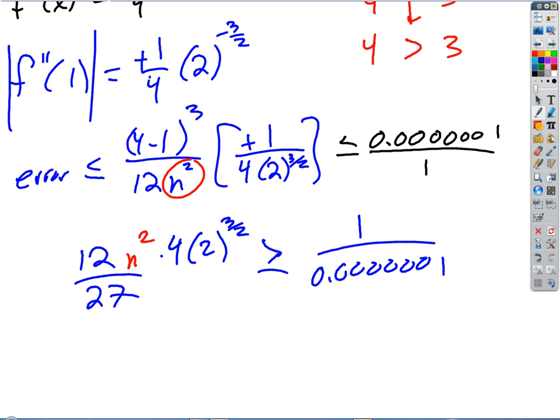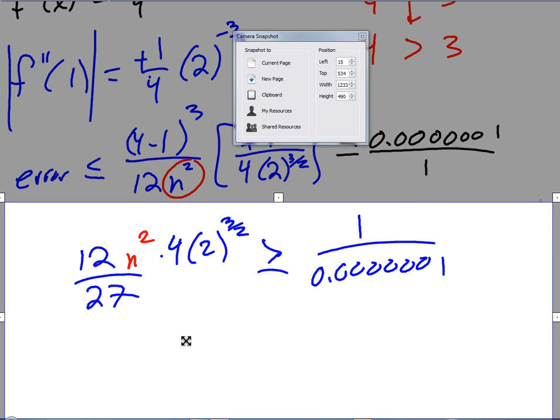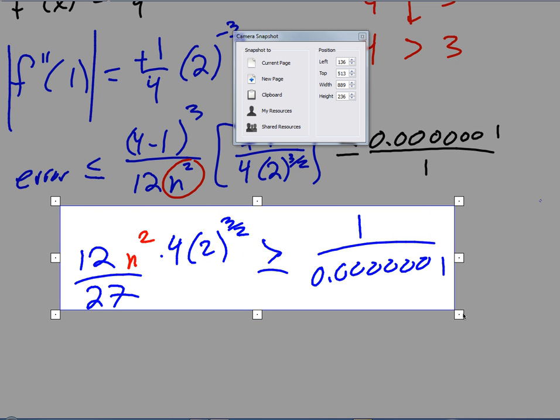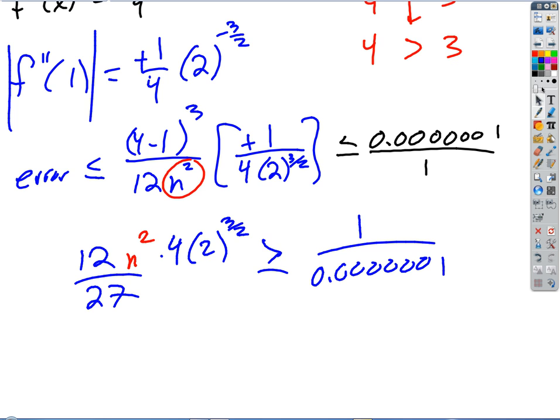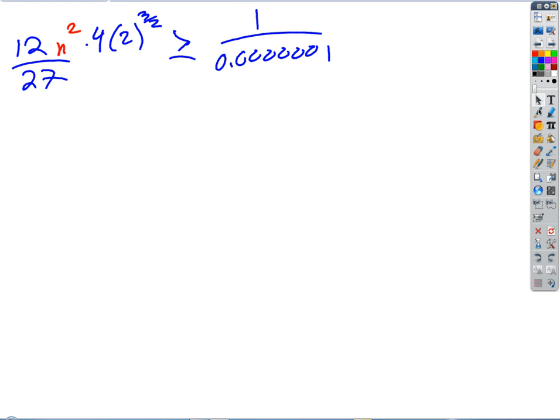Okay, so all we have to do then in our final answer is what? Let's get that other stuff over there, right? So I'm going to multiply by 27/12. So on the other side, what am I going to get? Well, I've got a 27 on the top.